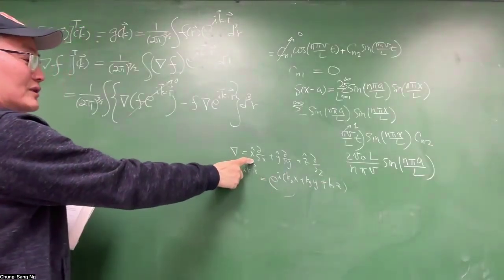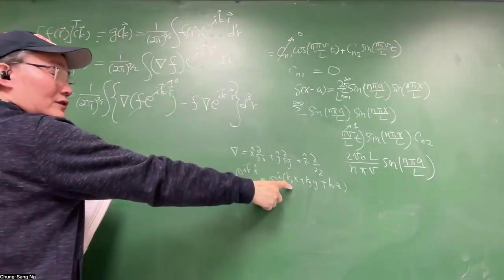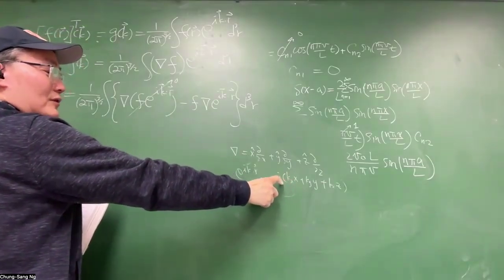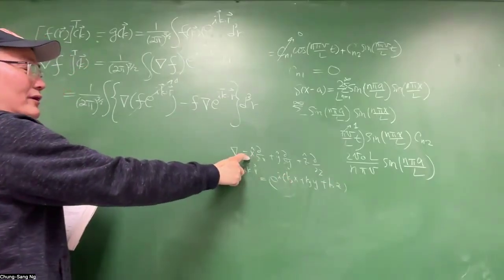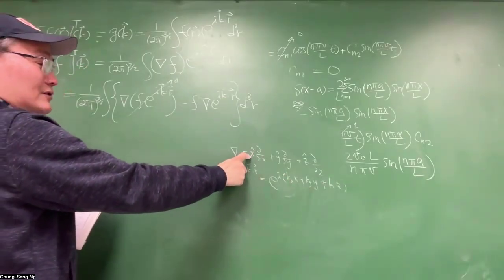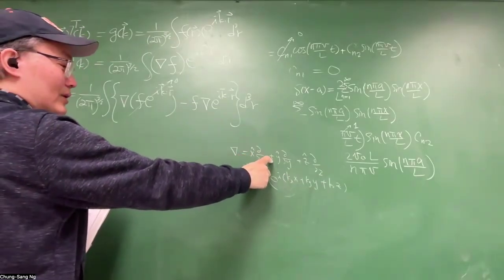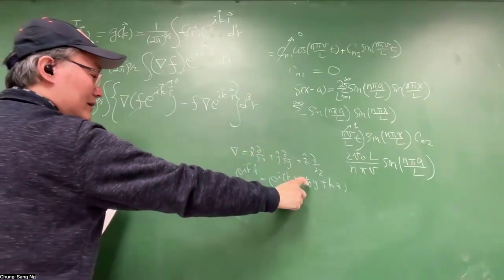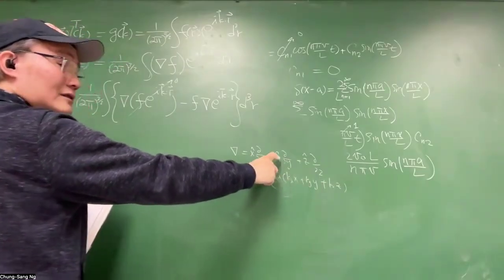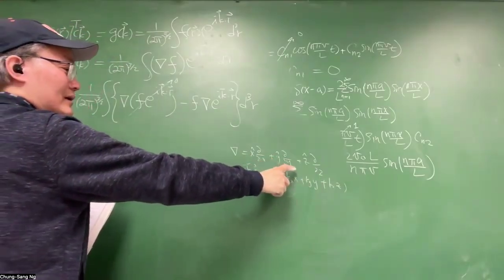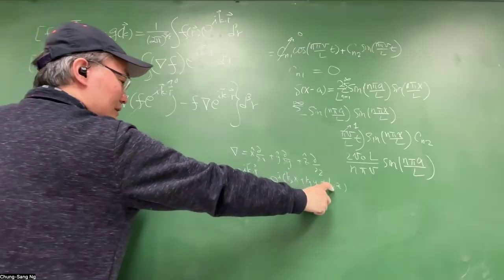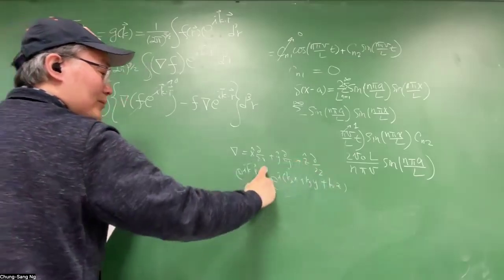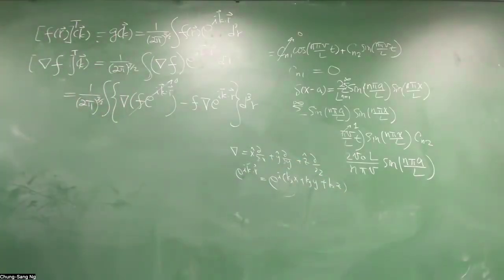The x component operates only on the first argument, and will give you i k_x and then multiply by the unit vector x. That's the first term, plus the second term, which is i k_y times the y unit vector, and then the third term, plus i k_z times the z unit vector, and multiply by the original function.